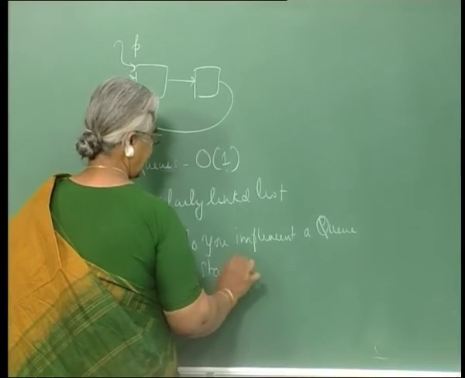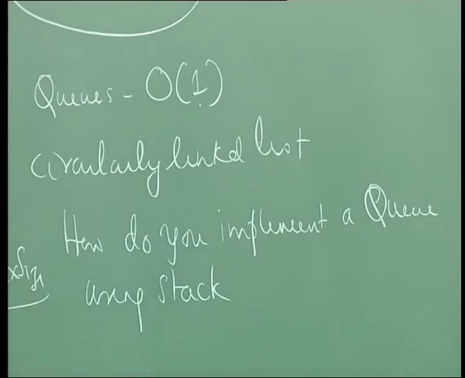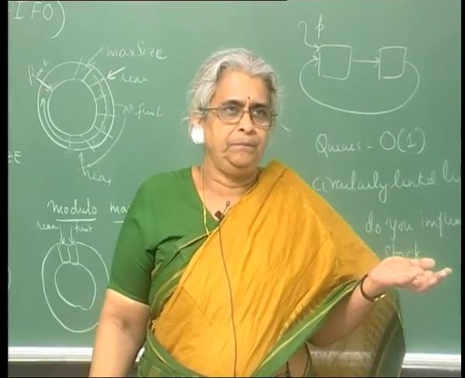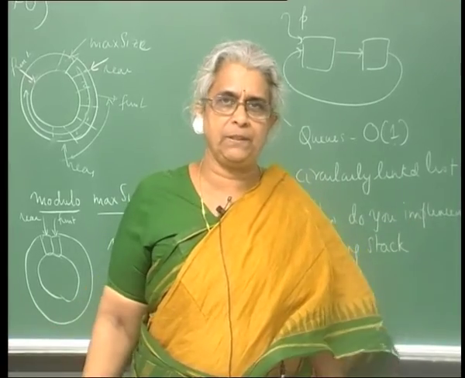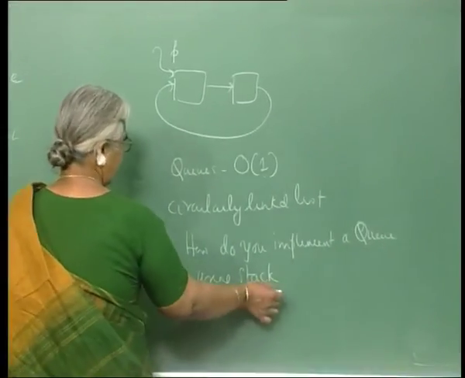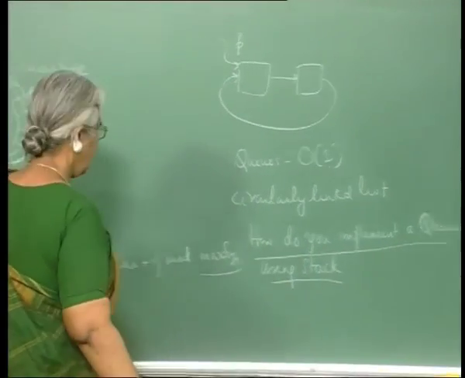I want to use a stack ADT. Remember, we reuse the list ADT to build a queue ADT. Can I do the same thing? After all, queue is also a type of list, right? Stack is also a type of list. Now, can I use the stack ADT to implement a queue ADT? What would I require? I want you to ponder about this particular problem.